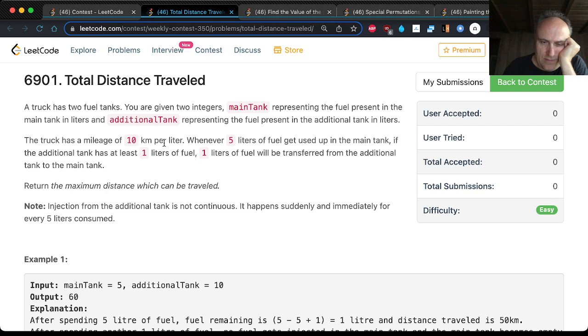Okay, so we have 5 and 10. So I do main tank is 5. We do 10. So it's 11.